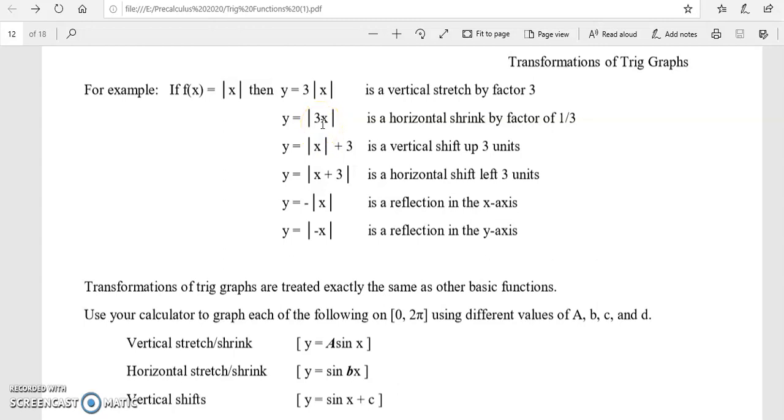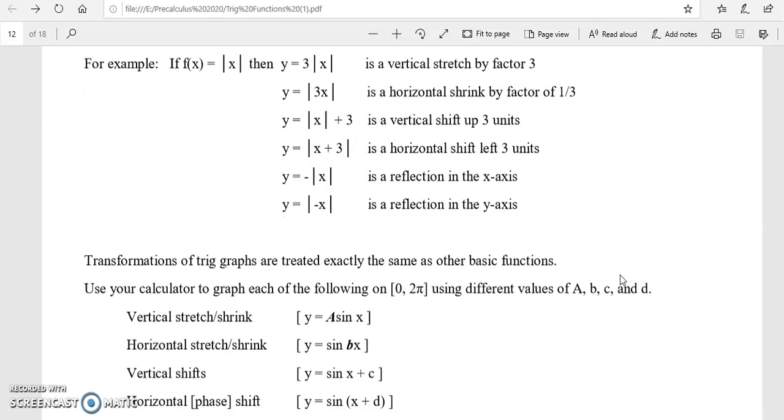So that means that you're changing the x value before you evaluate it. So that's why that's a horizontal, in this case shrink, because you're getting to the y value 3 times faster, so it horizontally shrinks it by a factor of 1/3. And then you have the other vertical and horizontal shifts and then reflections.